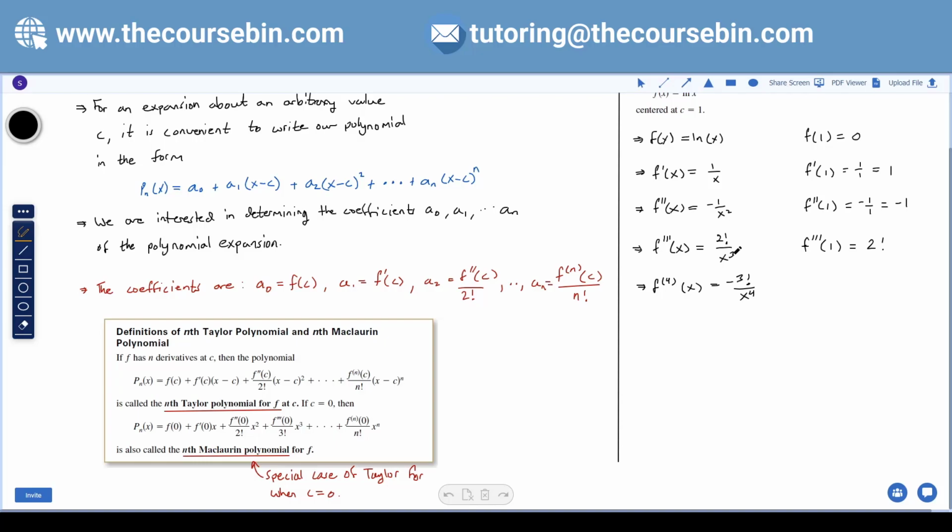Because we're multiplying the negative 3 by the 2 factorial. So that turns out to be just 1 times 2 times 3, 3 factorial. Negative sign makes the whole thing negative. So now we can do 4th derivative of f at x equals 1. This gives us negative 3 factorial. Right, so negative 3 factorial is just negative 3 times 2 times 1. That's just negative 6.